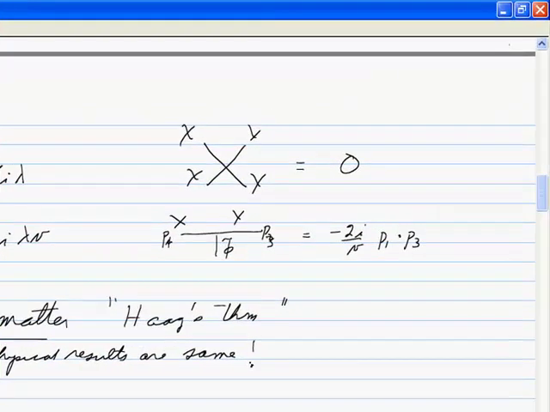And you have to see this a few times to believe that it's going to work out, because it sure doesn't look like it's going to work out here. I'll do one calculation so you can see how it occurs in that case, and then we'll accept it from then on.